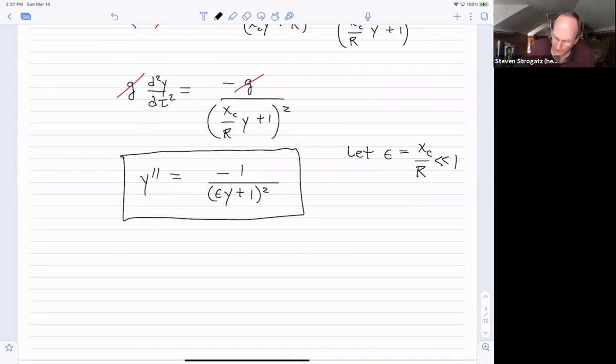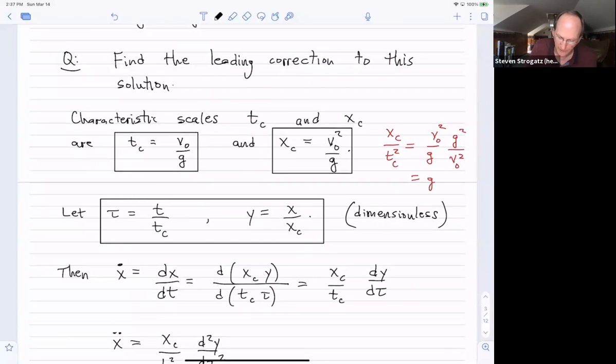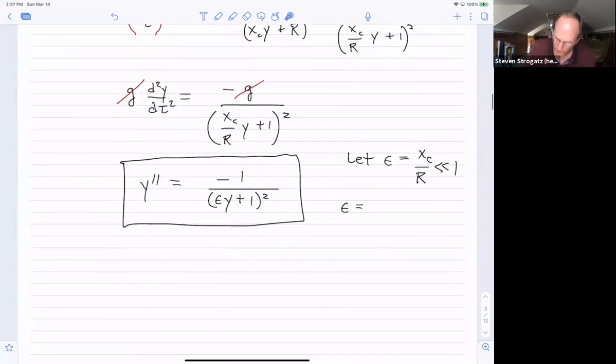Incidentally, you can also write this epsilon in terms of the original quantities in the problem. If we look back at xc, the way we had defined the characteristic distance, v0 squared over g, that gives us an interesting expression.